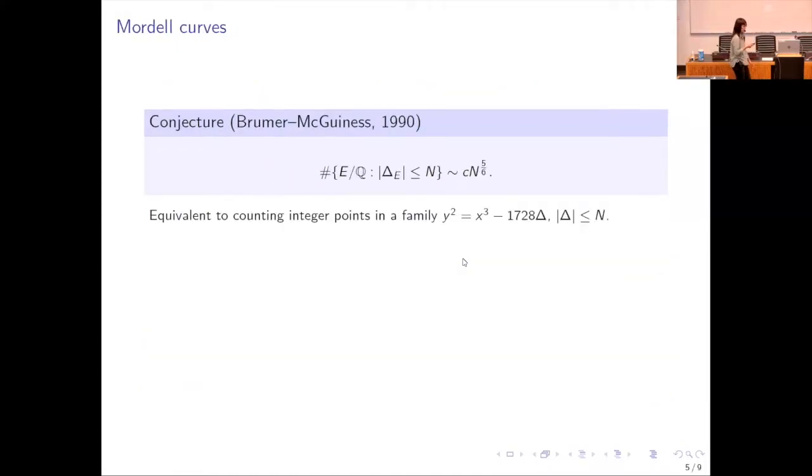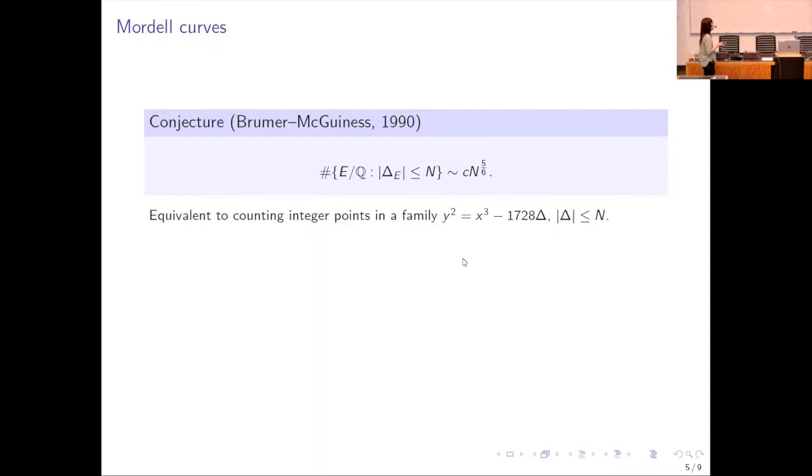Before I go into the ingredients of the proof, I just want to state a related problem, a problem related to counting the number of integral points, and why we might want to count the number of integral points.